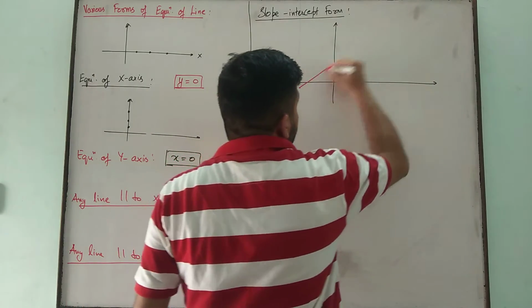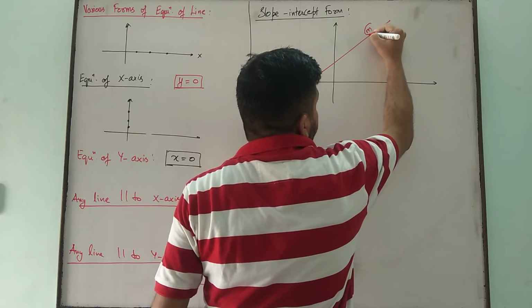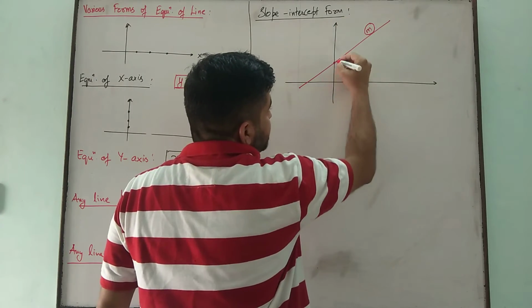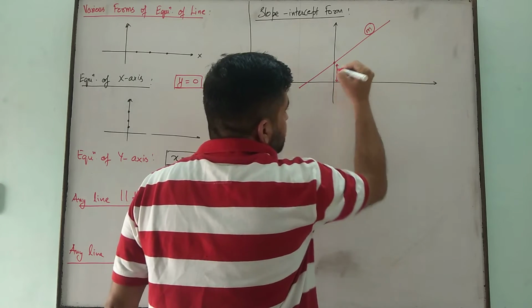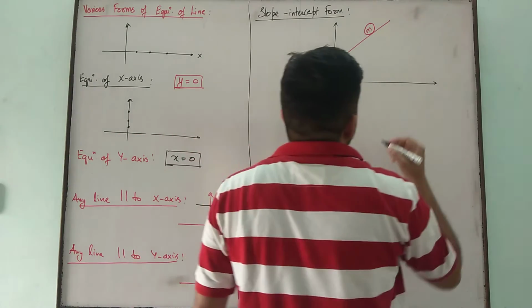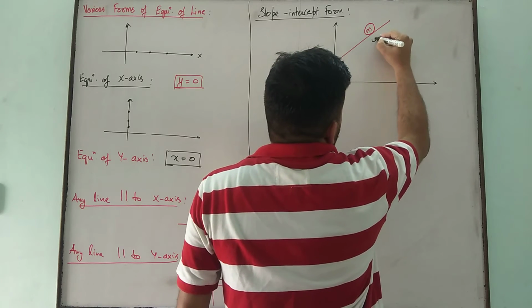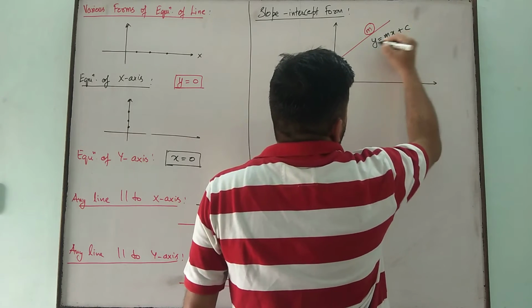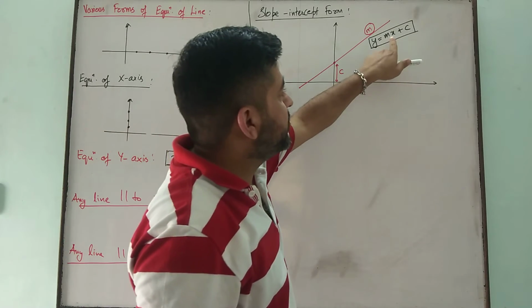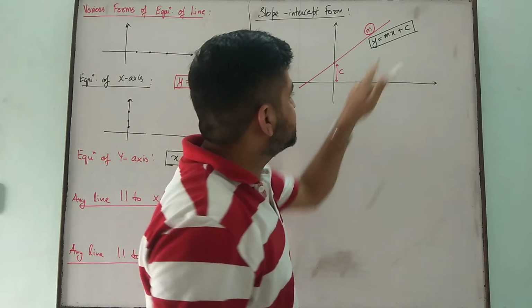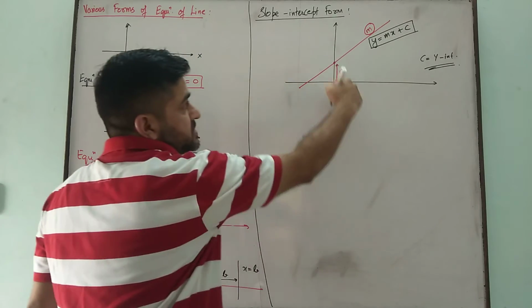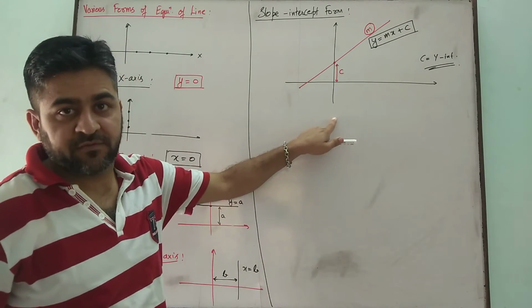Equation of a line whose slope is given, m, and at y-axis it is at a distance of c units from the origin, then the equation of this line will be y is equal to mx plus c, where m is the slope of the line and c is the y-intercept, this distance. It may be positive, it may be negative.